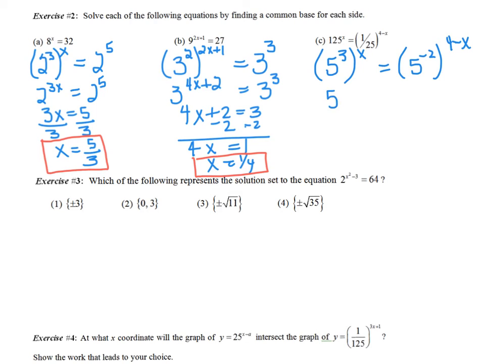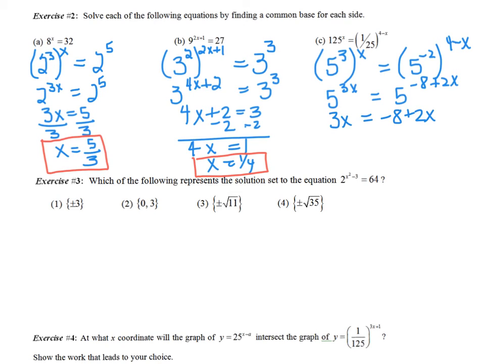So when I'm raising a power to a power, I multiply the exponents. 5 to the 3x equals 5 to the, let's distribute the negative 2, so I get negative 8 plus 2x. Now again, the bases are both 5, so I'm going to set the exponents equal to each other. 3x is equal to negative 8 plus 2x.